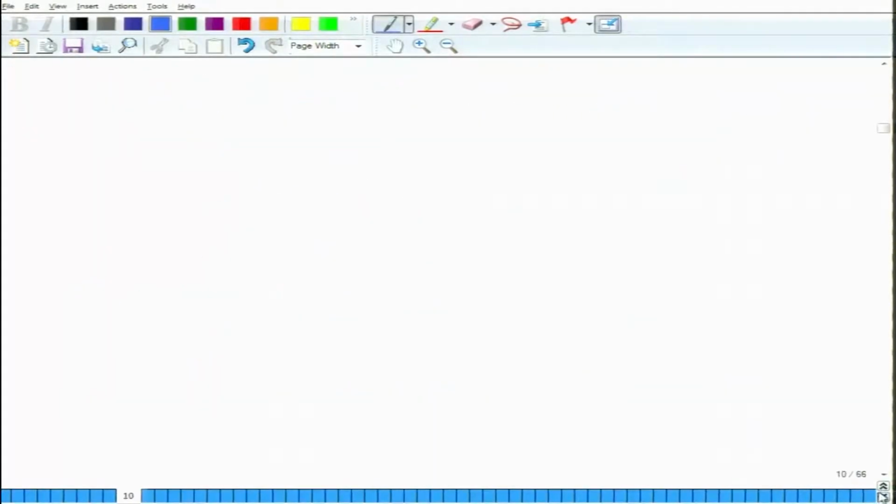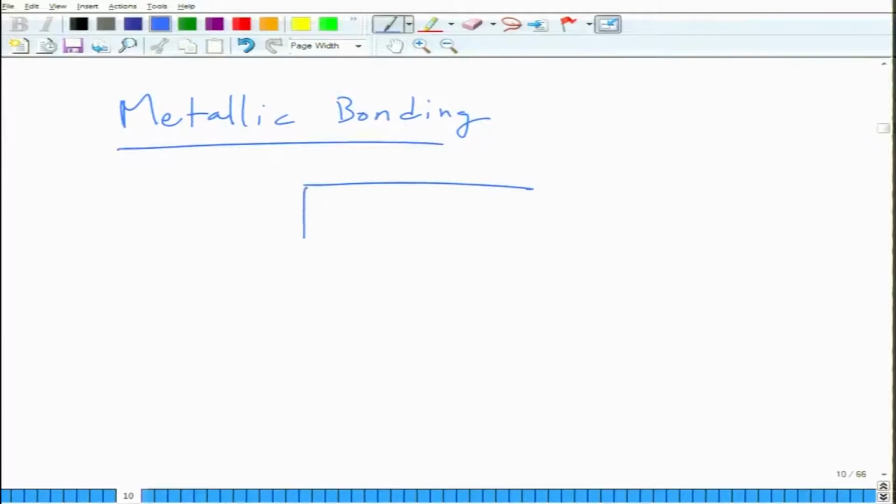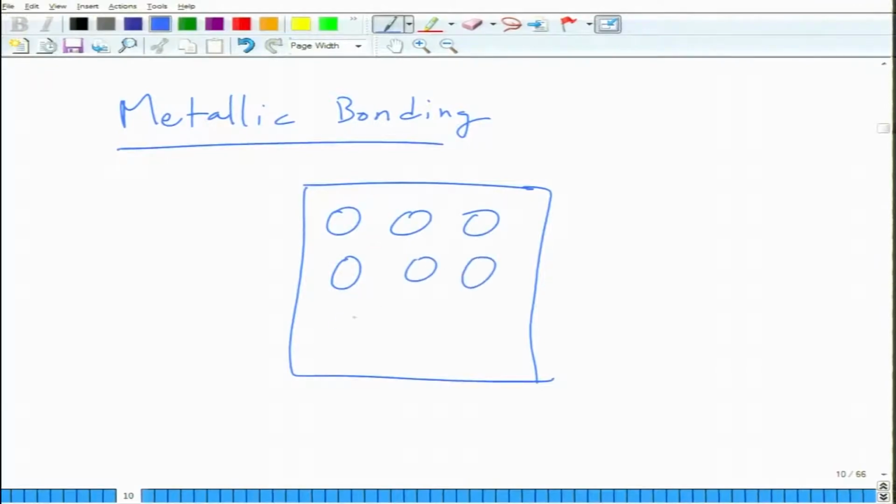Alright, so the third bonding, which is of primary nature, is called metallic bonding, and most metals have this kind of bonding present. In fact all metals are bonded with metallic bonding. So, what you have here is basically, suppose this is a volume in which atoms are there, these are all atoms.